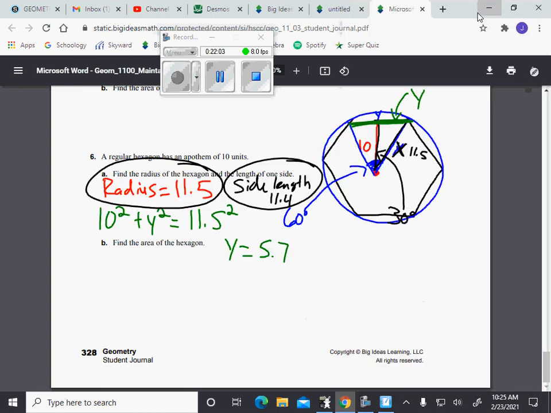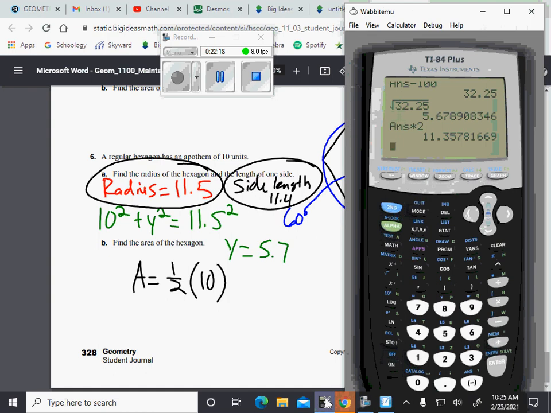Good. And finally, find the area. Well, the area is equal to 1/2 times the apothem, which is 10, times the perimeter. Well, we know that the side length is 11.4, and there's 6 sides, so we're going to multiply this by 6, which is 68.4.